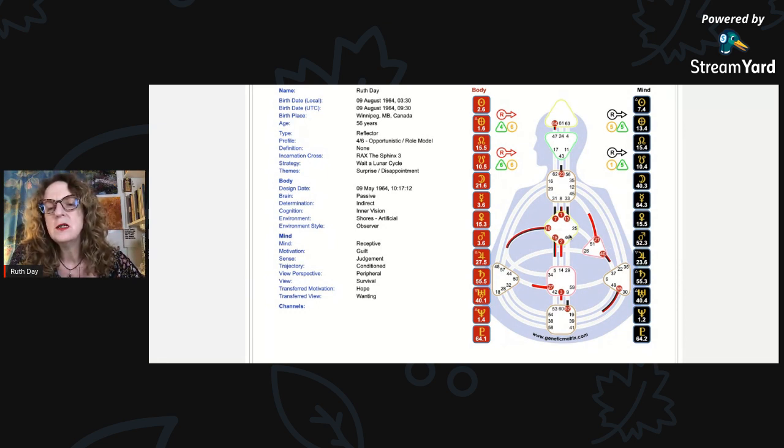This is the G center. And I know that sounds a little bit dirty, or maybe that's just me. These gates are all related to love. Over here is the ego center, and these are related closer to what you would call willpower, but not the willpower to do push-ups or go on a diet, but more the archetypal will.